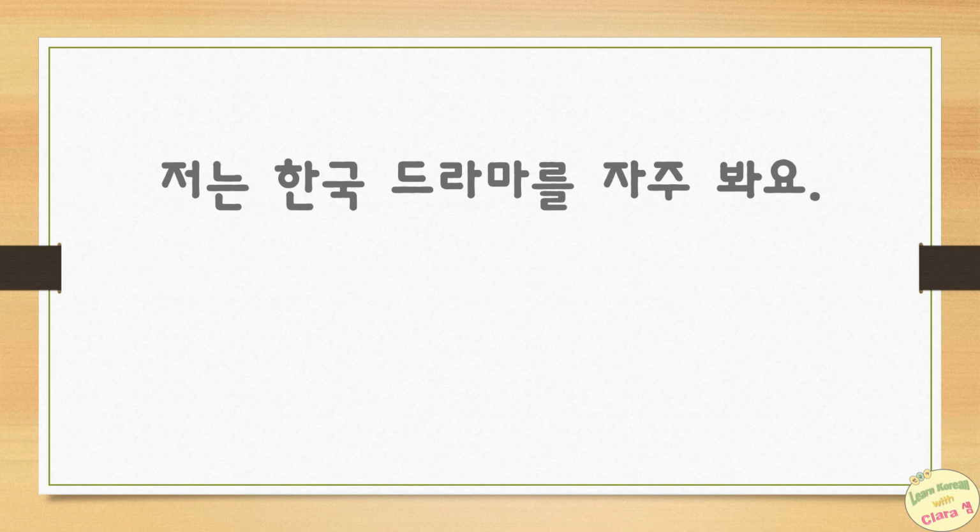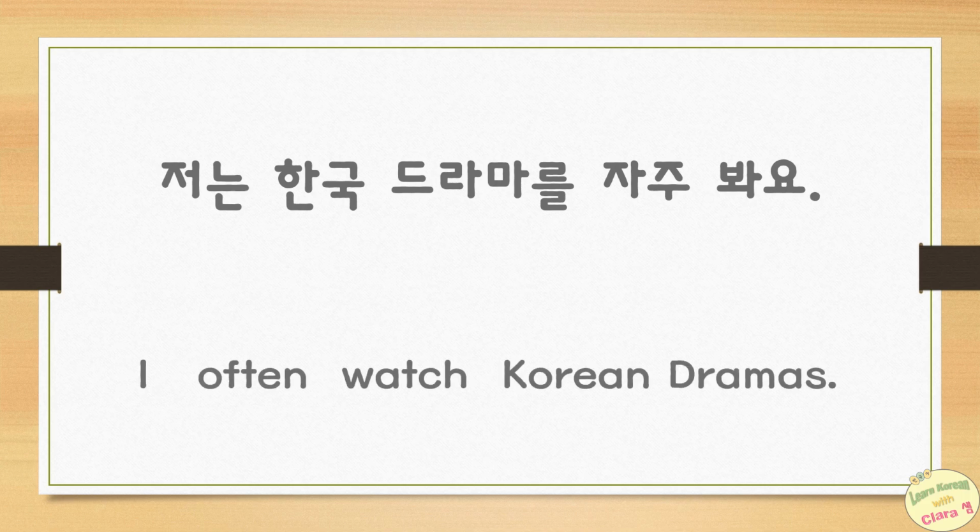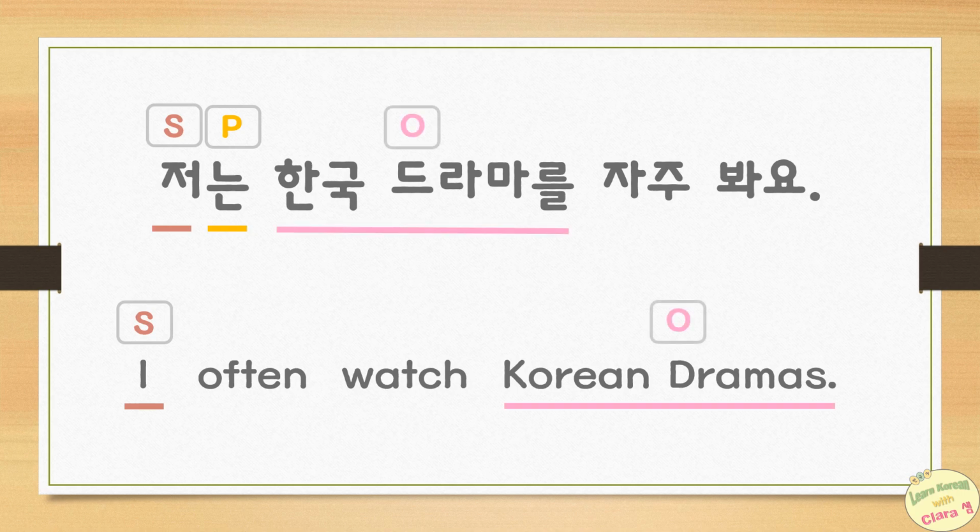And if an adverb is added in a sentence, where will it go? Here is an example. 저는 한국 드라마를 자주 봐요. I often watch Korean dramas. In order, the subject 저 with the topic marking particle 는, the object 한국 드라마 with the particle 를, then the adverb 자주, which is also ahead of the verb 봐요.